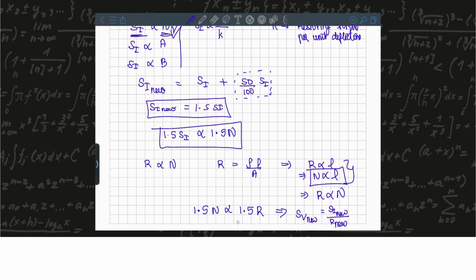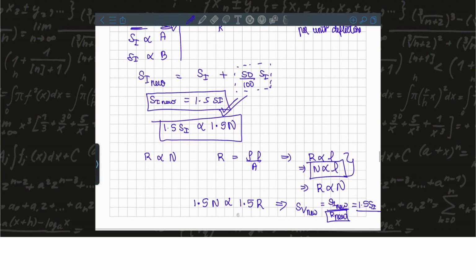The change that we saw for SI new is 1.5 SI, and the change we saw for R new is 1.5 times R, and that's the new R. 1.5 and 1.5 get cancelled, and what we have over here is SI by R, and we know that SI by R is nothing but SV.